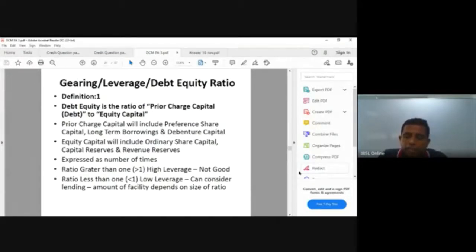The second method of financing your assets is, instead of asking funds from owners, you ask funds from borrowers or other parties other than the owners, like lenders, banks, finance companies. From their money, you finance your assets. Therefore, in a given company, assets can be financed in two ways.